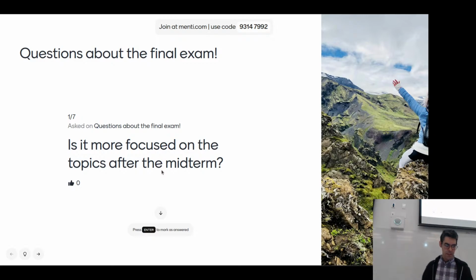Is it more focused on topics after the midterm? Yes. So yes, you can expect the emphasis to be on topics after the midterm. In terms of stuff you might be looking at from before the midterm, I'd say look at stuff that you haven't already been assessed on. I'm not going to ask you questions on RAID again.